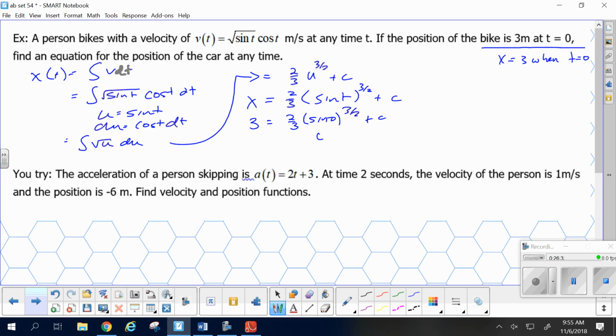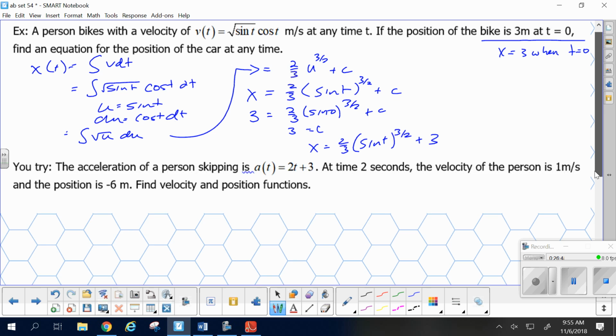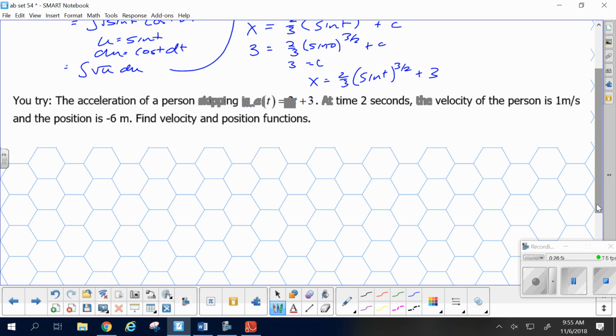So it looks like c is 3. Therefore, x is 2/3 of sine t to the 3/2 plus 3. You follow? Okay, you try that bad boy. Work with your math amigos. Notice it's 2 crosses.